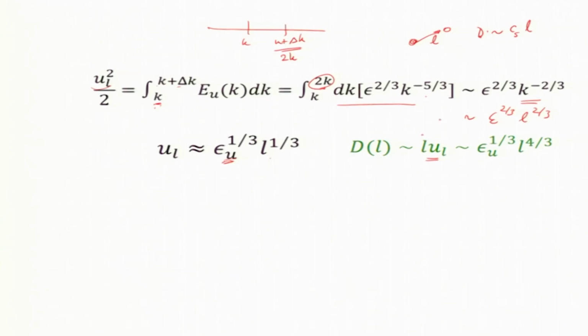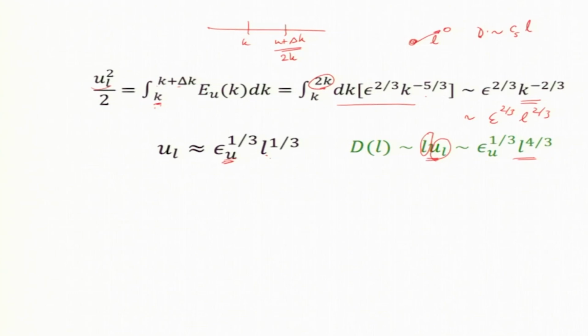So, instead of mean free path length, I put the length of these eddies or this vortex, and the velocity of the vortex, multiply the two, and I just multiply by L here, which gives L^(4/3). So, my diffusion coefficient is a function of L, L to the 4/3. My diffusion coefficient for heat diffusion was constant, right, but now it is L^(4/3).